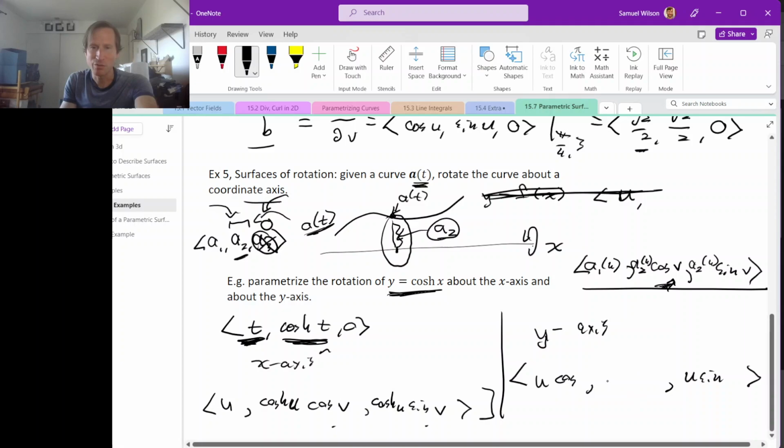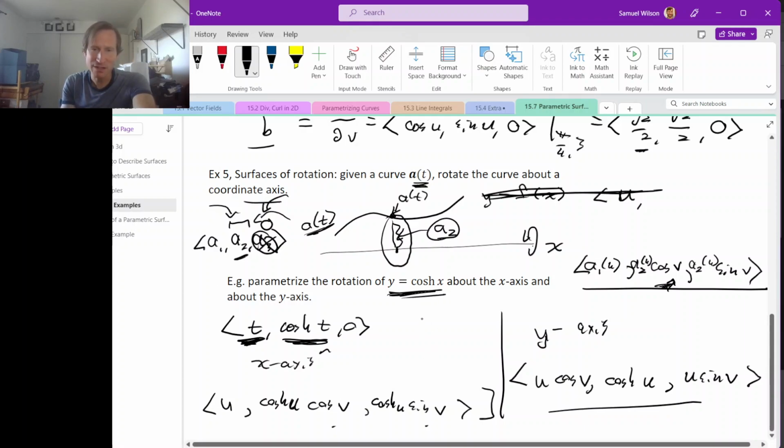In the y-coordinate, we need hyperbolic cosine of the parameter u that takes us along the graph of the curve. And then again, v is going to be the parameter that sends us around a circle. So here's the parameterization of rotating this graph about the y-axis.